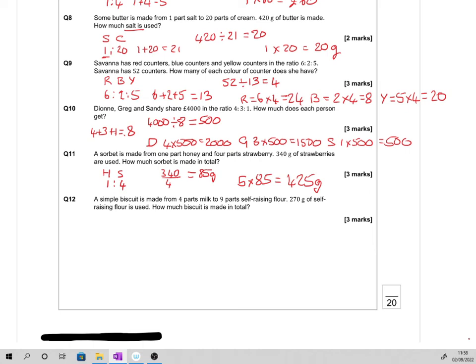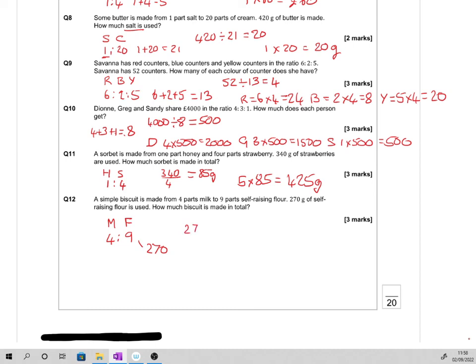Biscuits. A biscuit is made from 4 parts milk, 1 part self-raising flour. So milk and flour is 4 to 9. 270 grams of self-raising flour is used. How much biscuit is made in total? Well, the flour there is 270 grams.